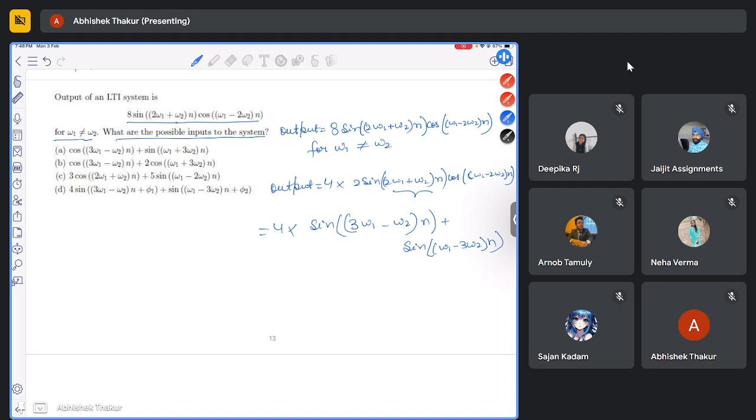So this means our output is a linear combination of two sinusoidal functions and the angular frequencies are these.